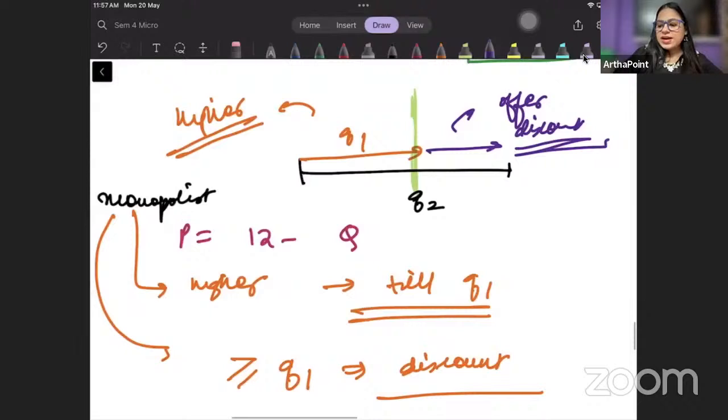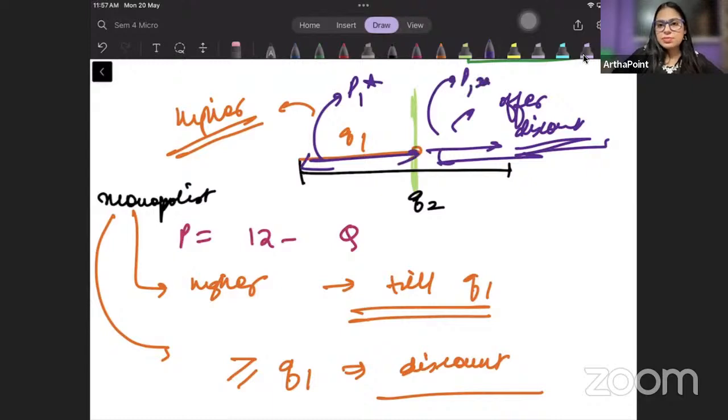So then you will be asked to find the price he will be charging in this block and the price he will be charging in the other block, P1 star and P2 star.